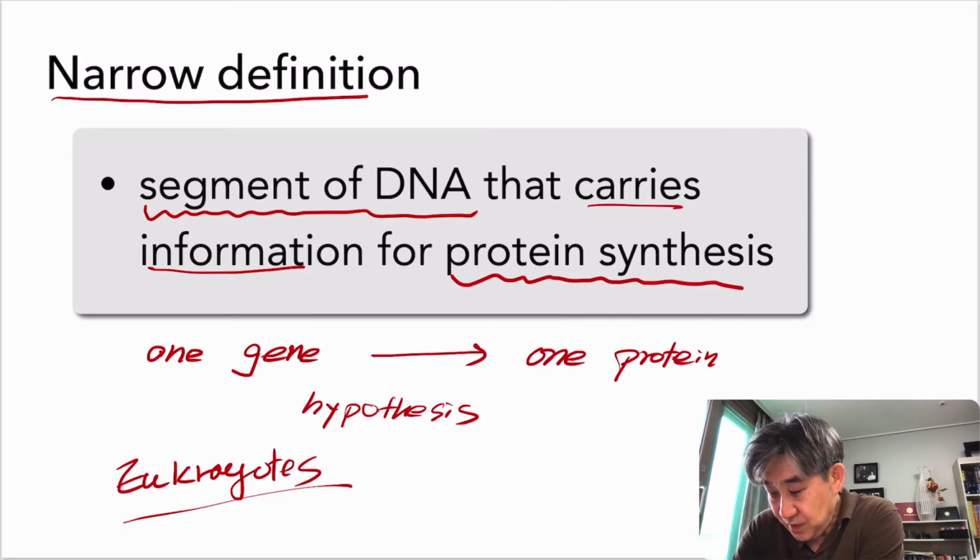So we cannot really say the one gene, one protein hypothesis always applies to prokaryotic genes. But let's forget about that. Any deviation from standard, there is no reason why we dig into unnecessary confusion and complexity. So let's stick with the one gene, one protein hypothesis.